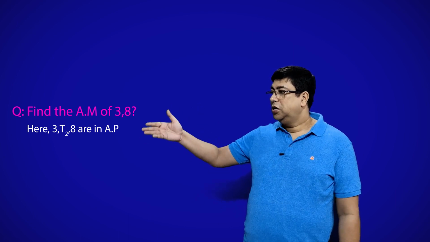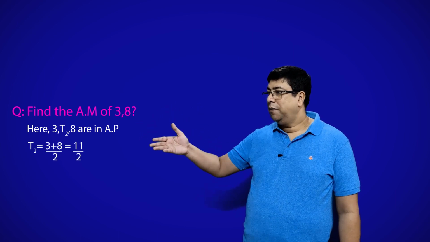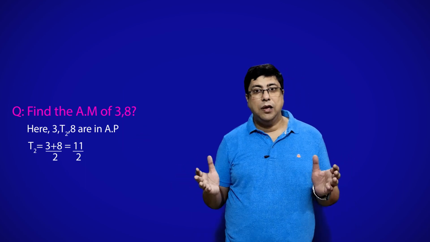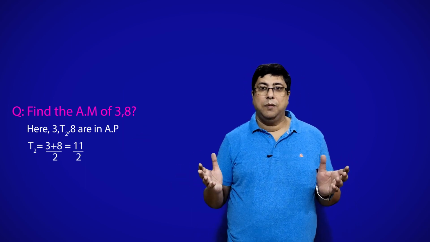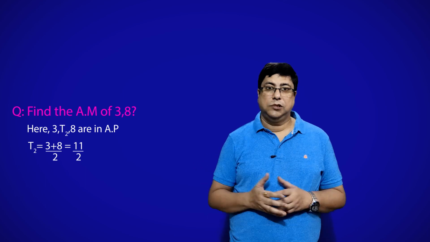I am giving you one example: find the AM between 3 and 8. It means there are 3 terms in AP and we have to get the middle term. So 3, T2, 8. T2 equals (3 plus 8) by 2. In this way, we can get the arithmetic mean between two terms.